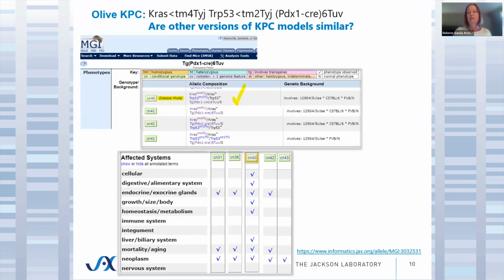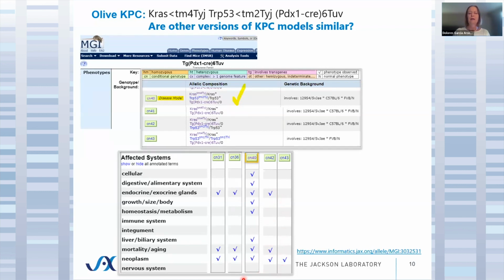I was expecting to see 2 or 3 models, but instead there's 40 plus. And the one that has the check mark there is the exact Olive Lab phenotype. And in the table below, you can see highlighted also all the phenotypes that the KPC model shows down that column. However, the other versions of KPC using slightly different mutations are different.